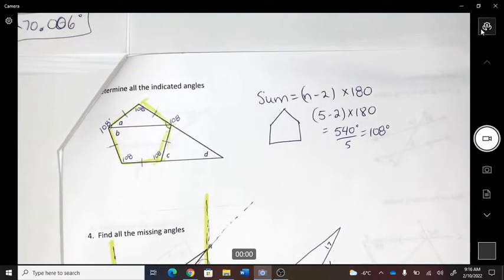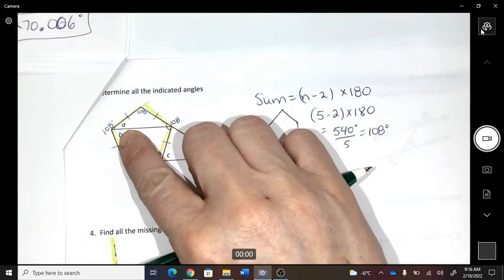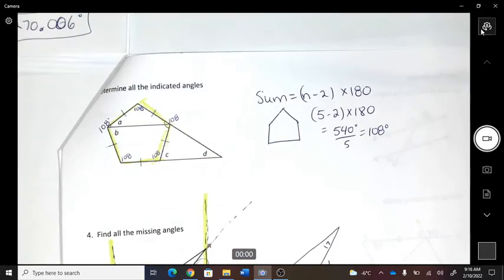Okay, so each corner is 108. So I do know that A and B together would make 108, right?